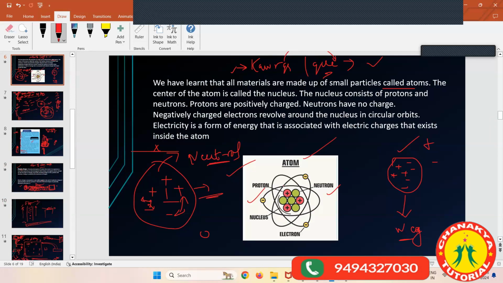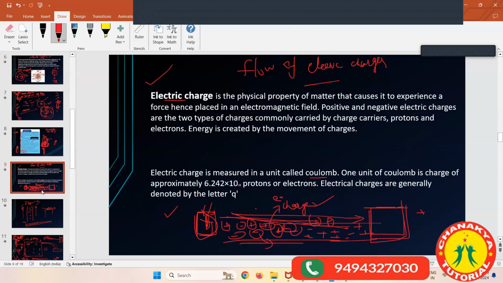There is something called the nucleus, this area is the nucleus. In this nucleus, positive and neutral charges will be there, and electrons will be revolving around the neutrons and the protons. Correct? So this is the simple definition and structure of an atom that we discussed in the last class.